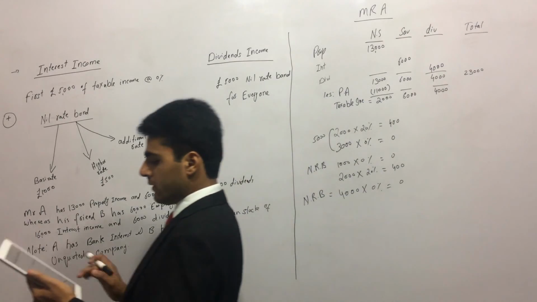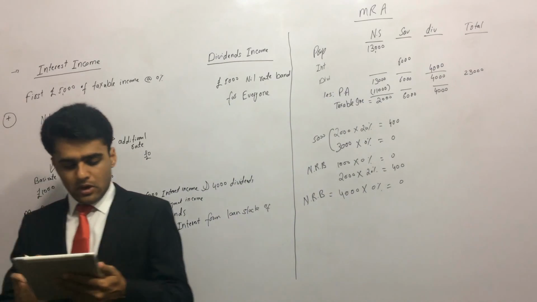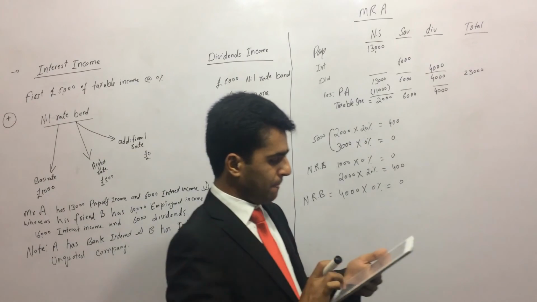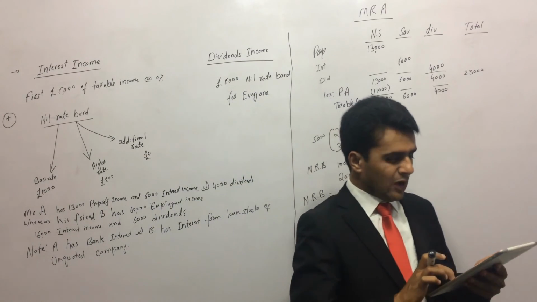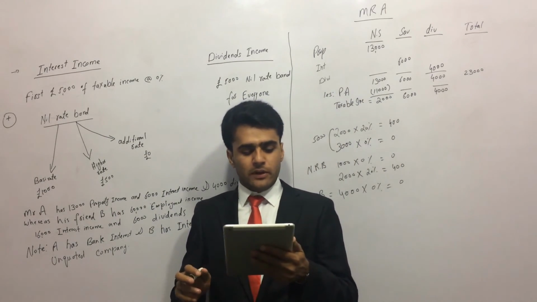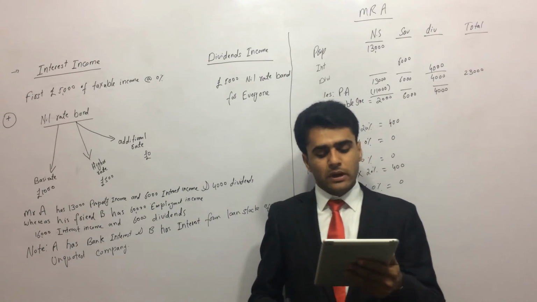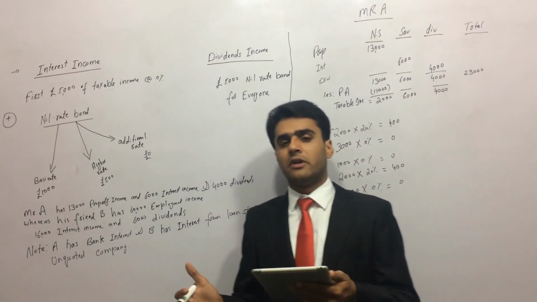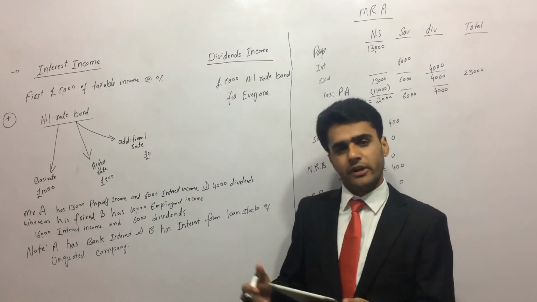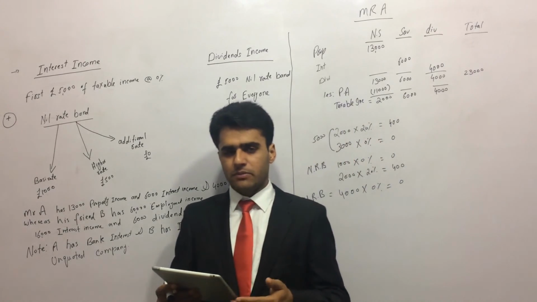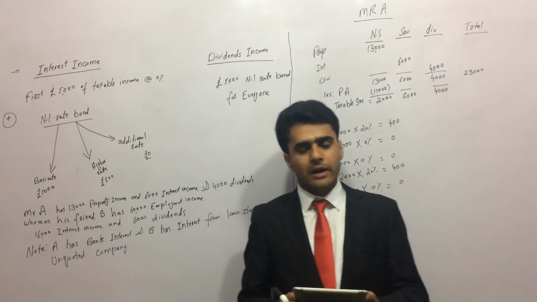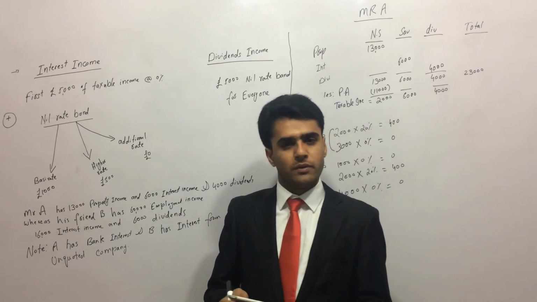Likewise, if you look at your examples in the notes, on page 4 of your notes, there are a couple of examples given to you. They examine the interest income and dividend income in more detail, and there's a little bit more of a trick in this one, from a planning point of view.